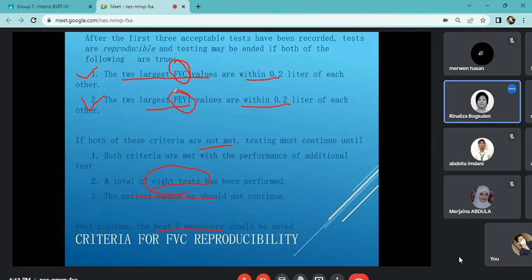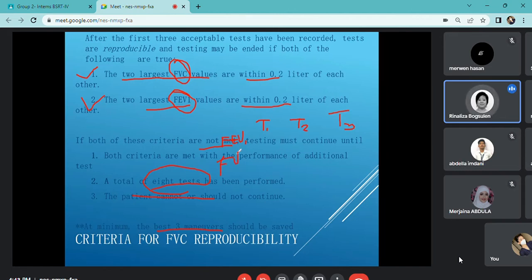Okay. Trial 1, trial 2, trial 3. Okay? And then, you have FEV1, and then FVC.